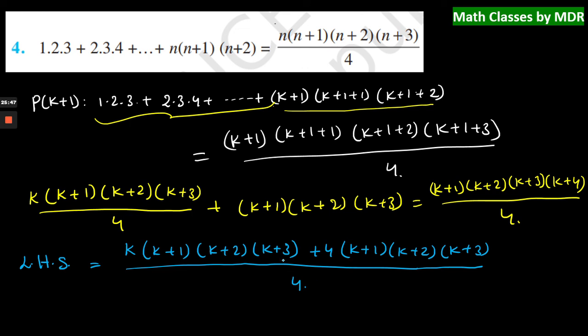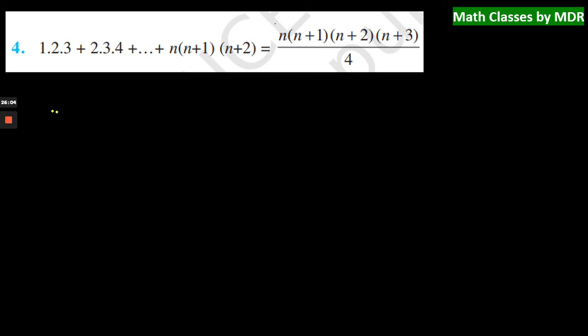Now what can be taken common here? K plus 1, k plus 2, and k plus 3 can be taken common. Then we are left with k and 4.